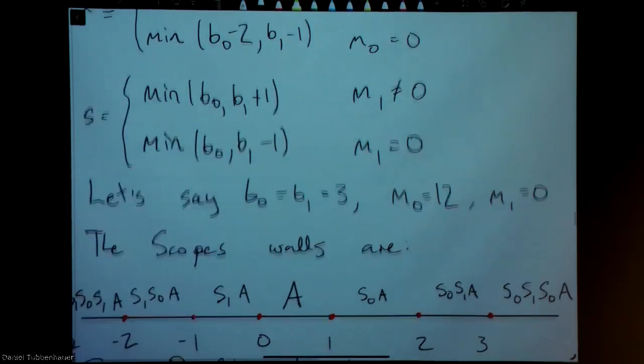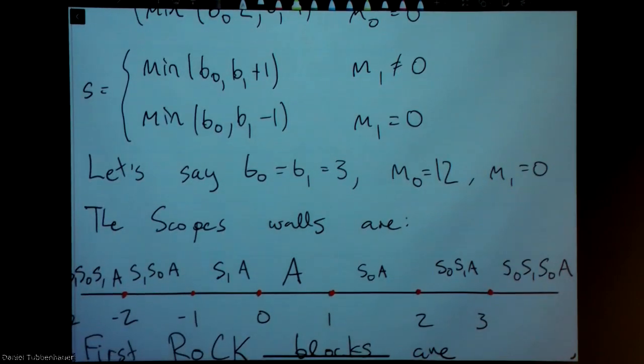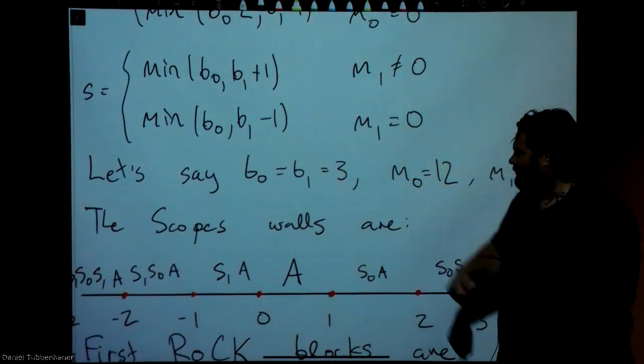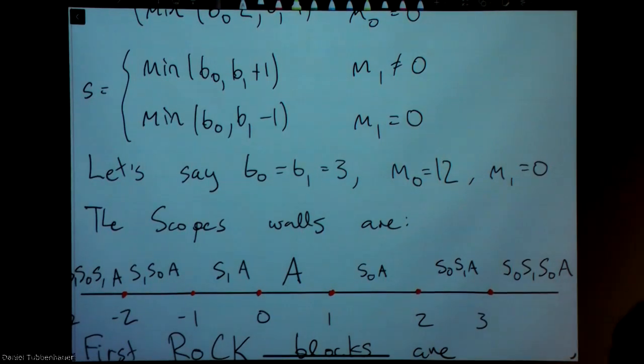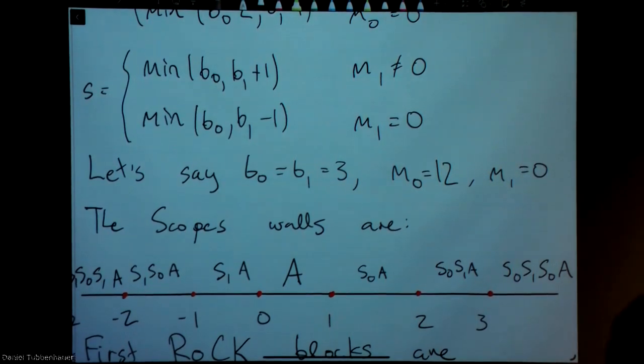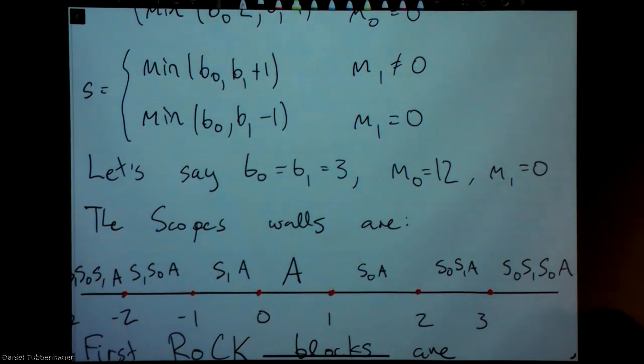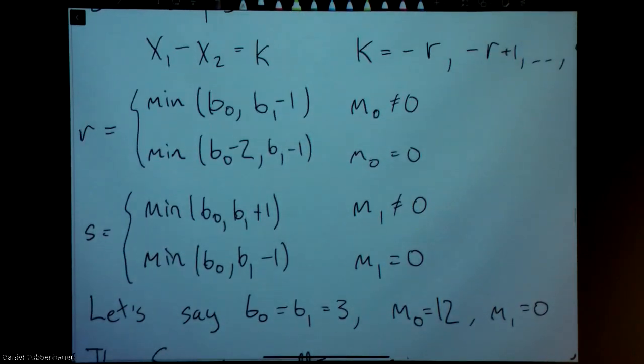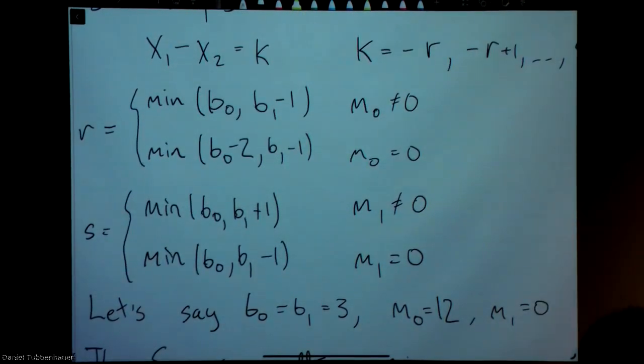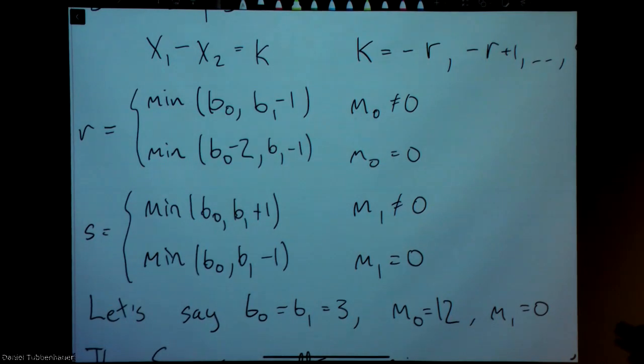So for example, let's look at B0 equals B1 equals 3, M0 equals 12, and M1 equals 0. I picked this 12 because of what I'm going to be looking at for my Ariki-Koike algebra: 12-tuples of partitions with 6 boxes.